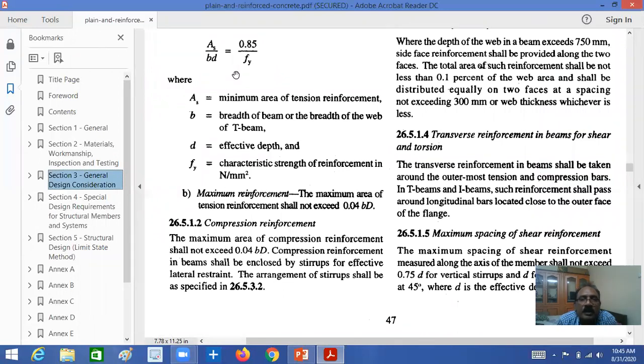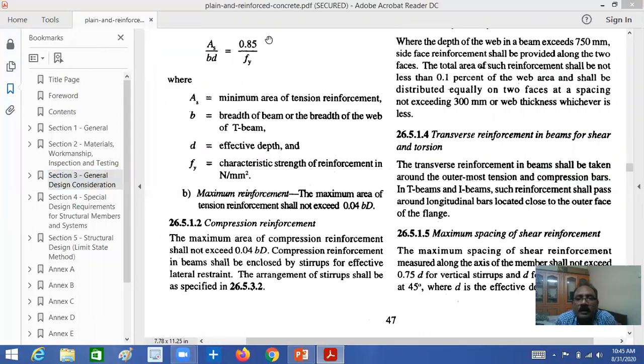Here, in the IS code book IS 456 2000, clause 26.5.1.2 covers compression reinforcement: the maximum area of compression reinforcement shall not exceed 0.04 BD, where B is breadth and D is depth.